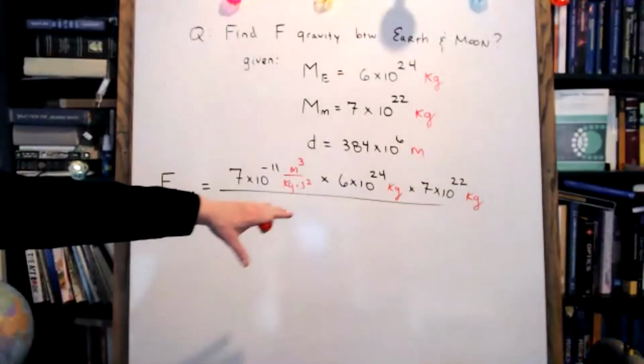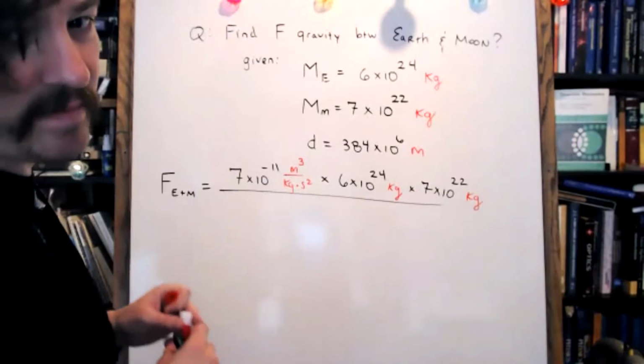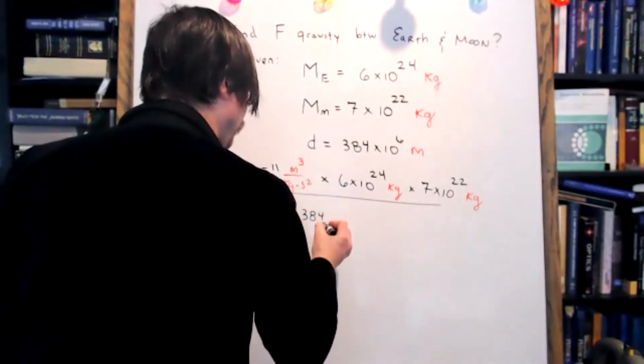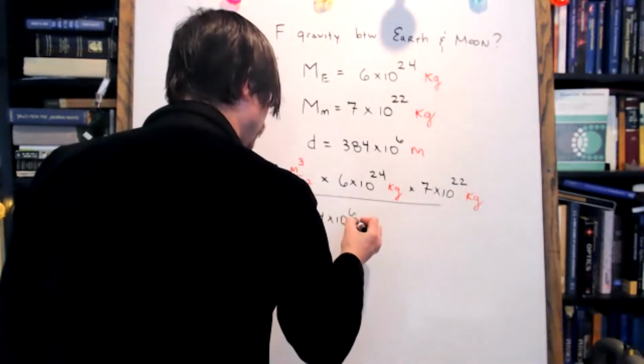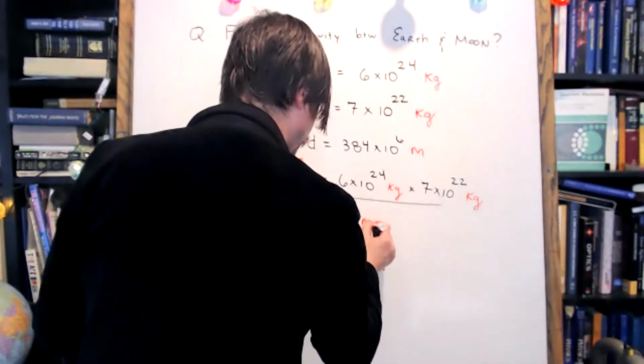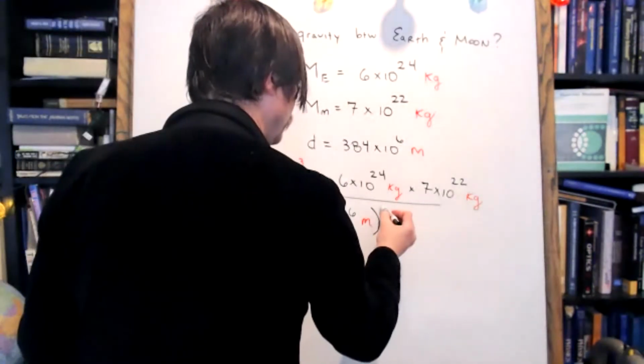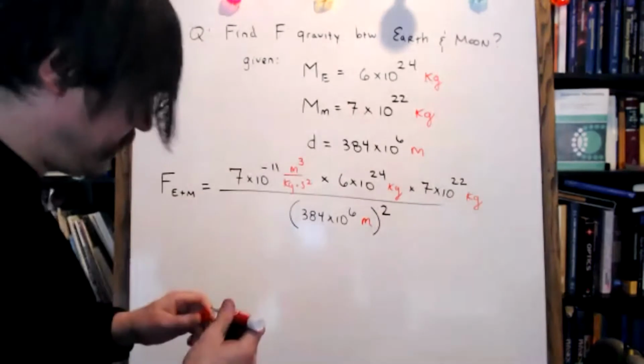And I want you to notice how I'm going to write the distance in the bottom. Divided by 384 million meters. And I'm actually going to put parentheses around it, and then I'm going to square it.